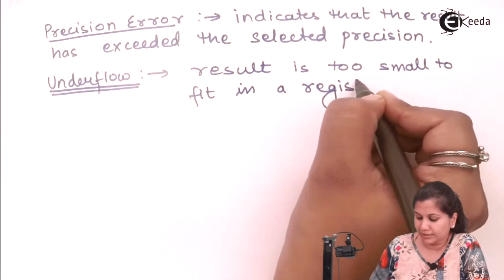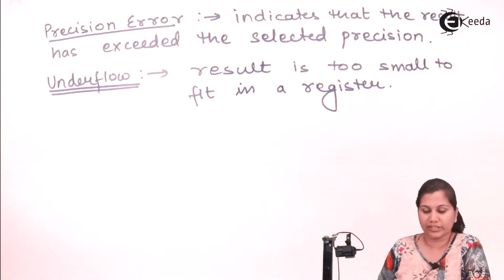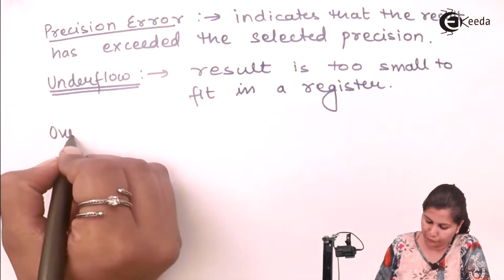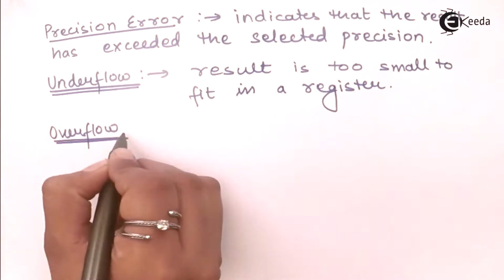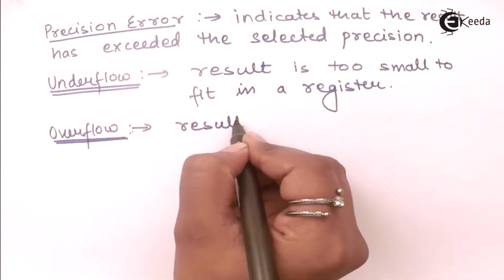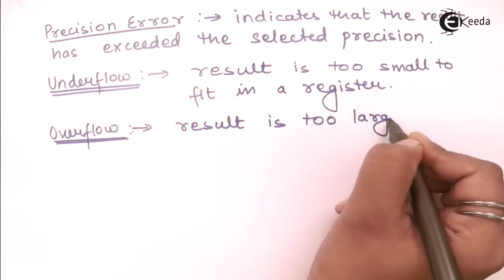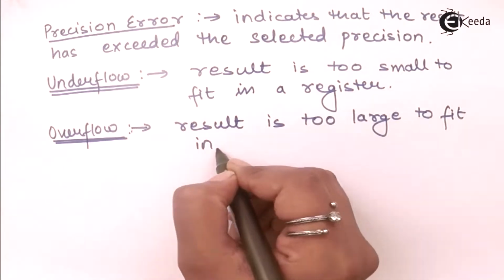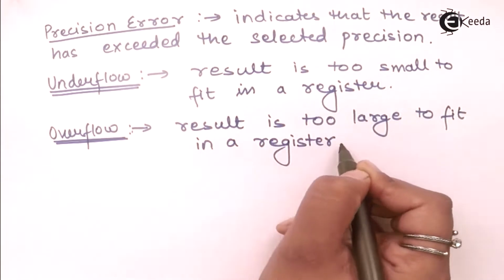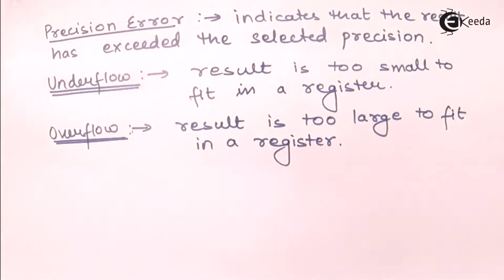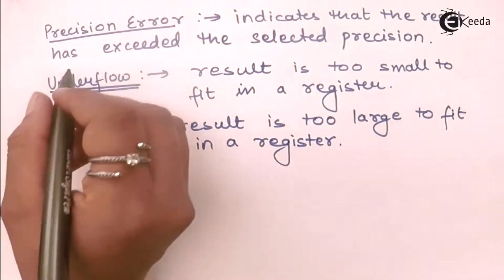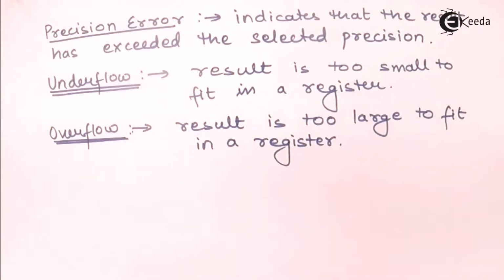And if the result is very large to fit in the register, then we are having the overflow error. Okay, so whenever these errors are occurring, the corresponding bit is set to 1.